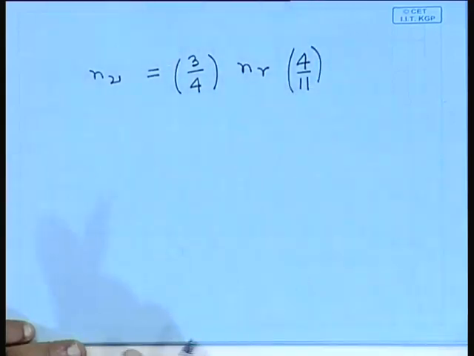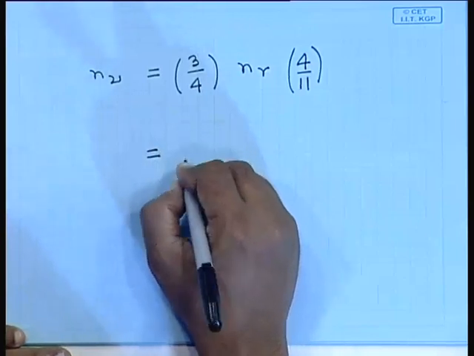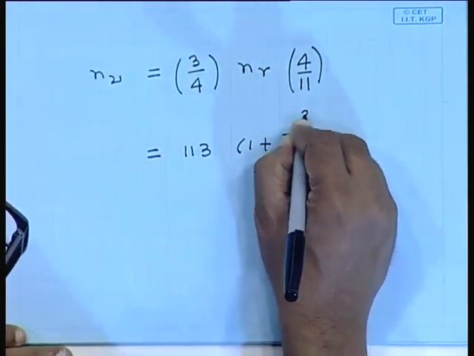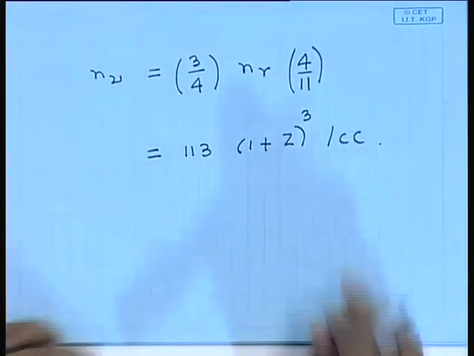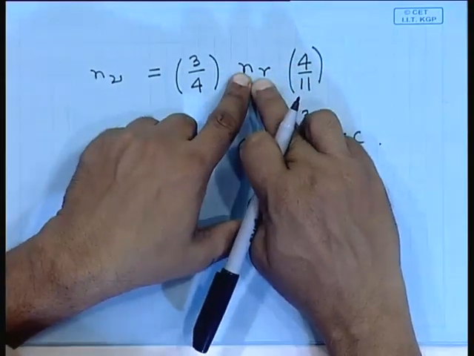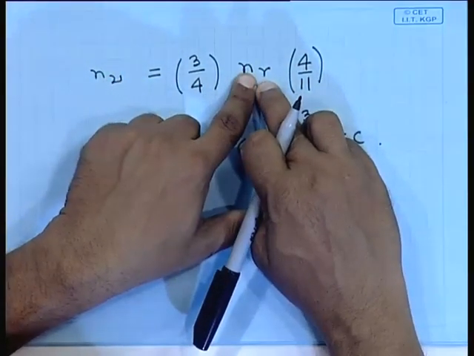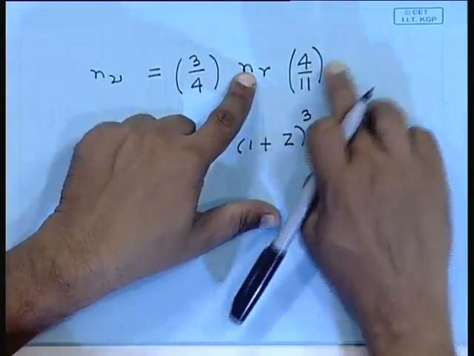The number density goes as, so this gives us 113 (1 plus z) cube per cc. Okay, so this 4 by 11 comes because the temperature of the neutrino is lower than the temperature of the CMBR by this factor to the power 1/3.